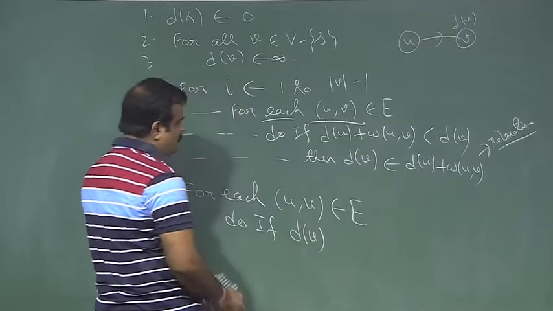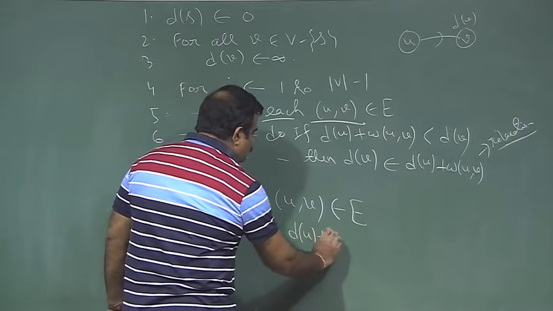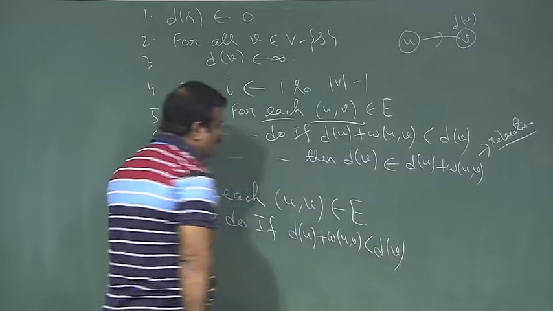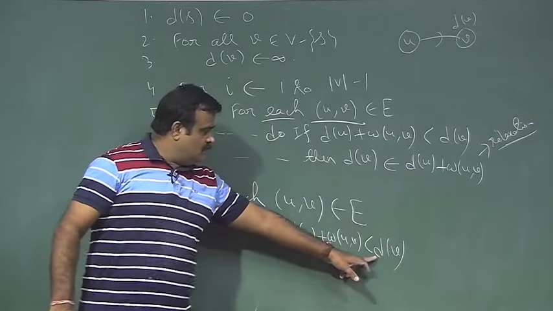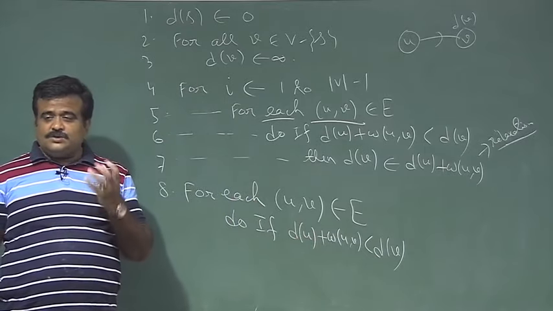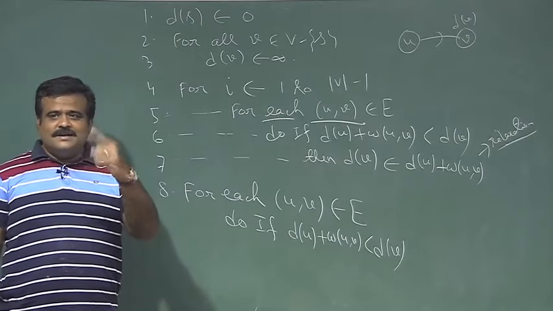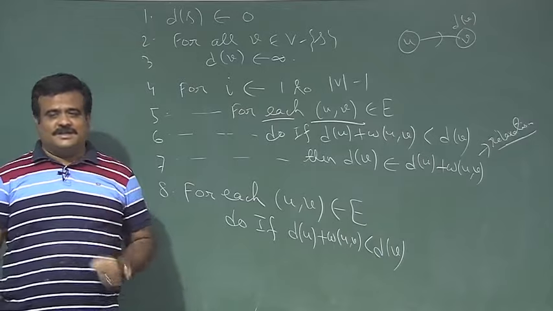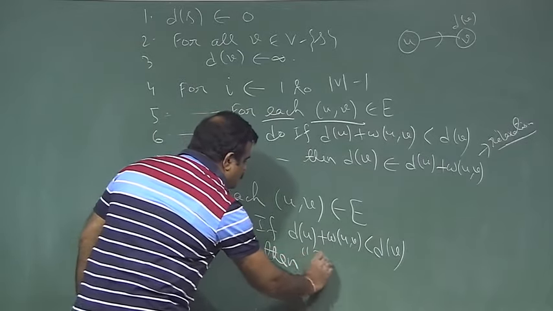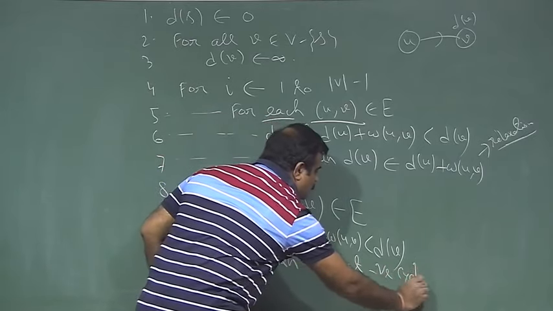If d u plus w u v is less than d v, that means d v is a candidate for relaxation. So that means there is a negative cycle, that is why it is not converging. Then report negative cycle.